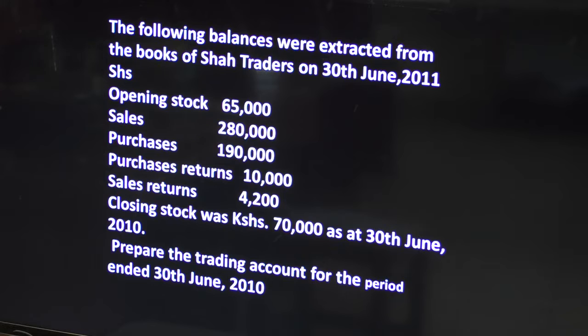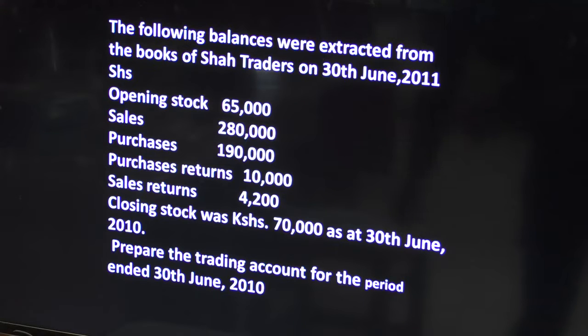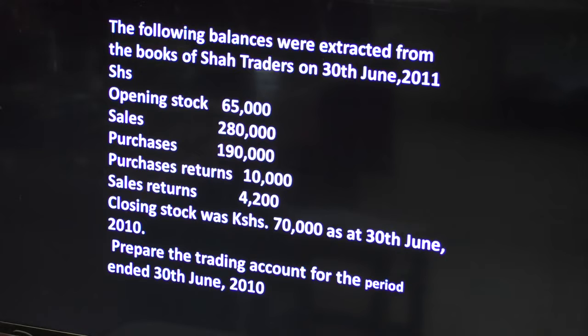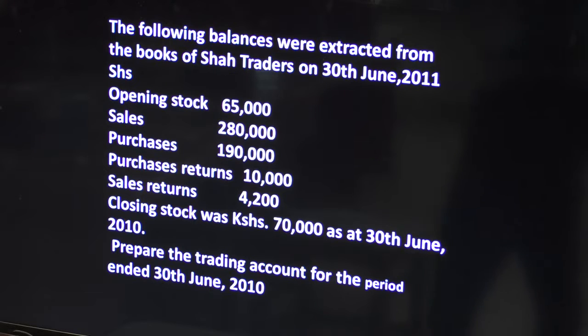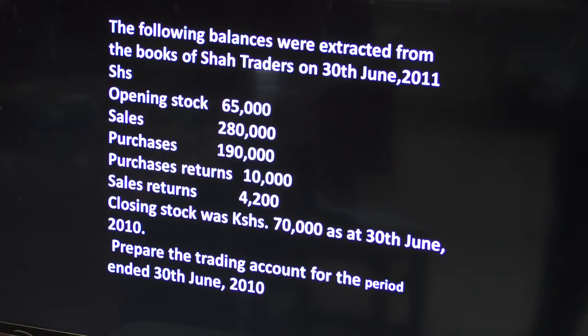Then there was closing stock, which was 70,000 as at 30th June 2010. Prepare the trading account for the period ended 30th June 2010.